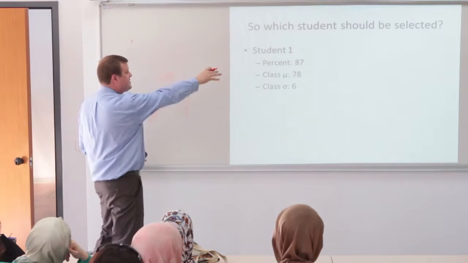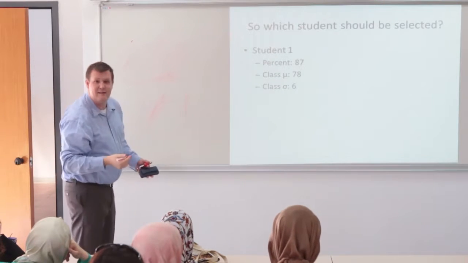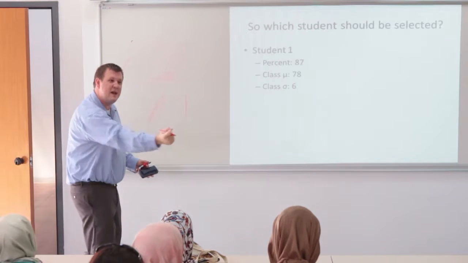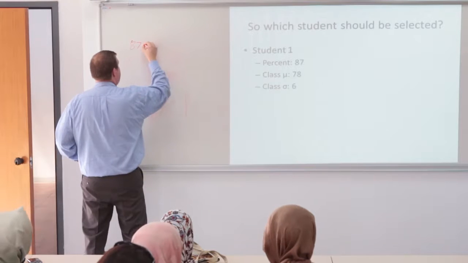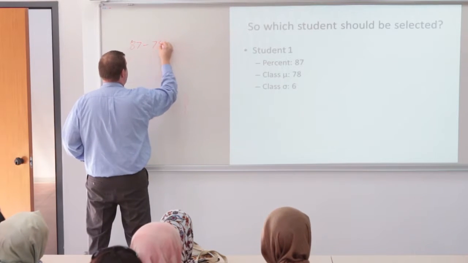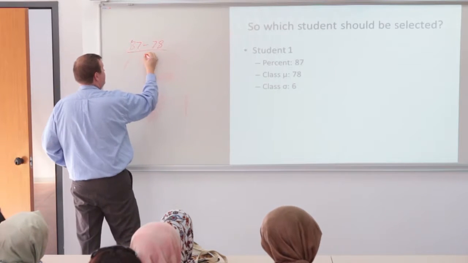Well, let's do it, because some people aren't just going to be able to give the answer. 87 minus 78 divided by 6.